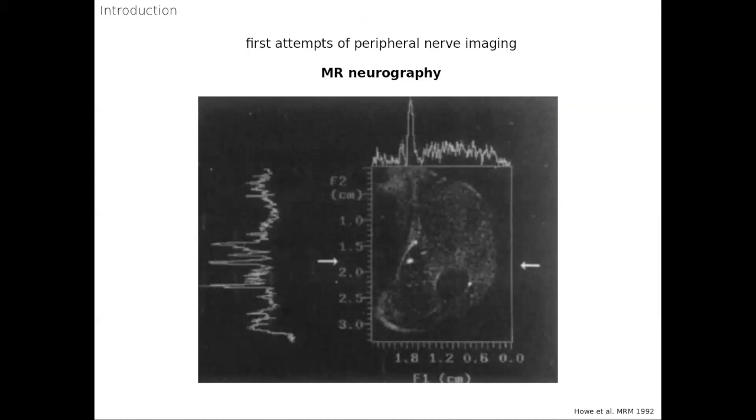The first attempt is from the publication in 1992, where you see the higher signal of the upper arm nerve, which is also depicted by the arrows.